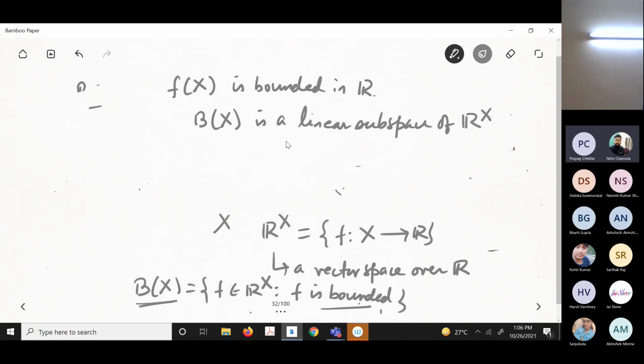Look here, linear algebra and topology are coming, because in particular I have shown that B(X) is a complete metric space. That I proved.